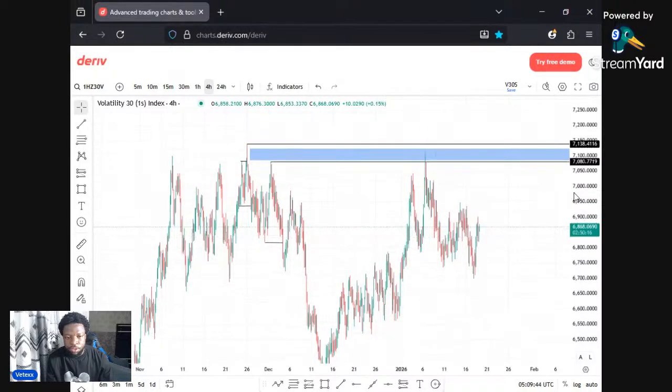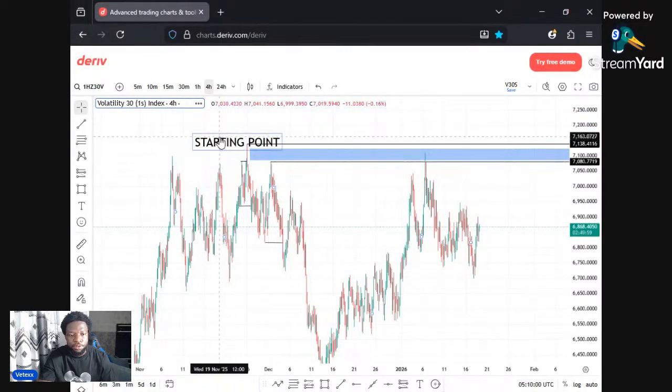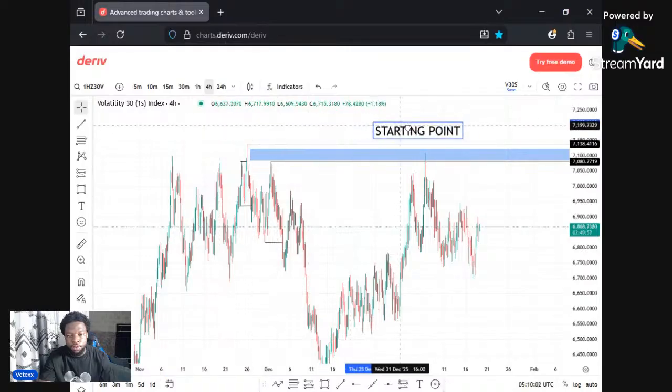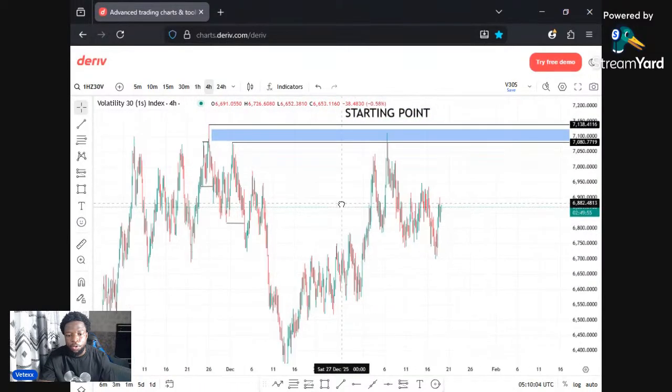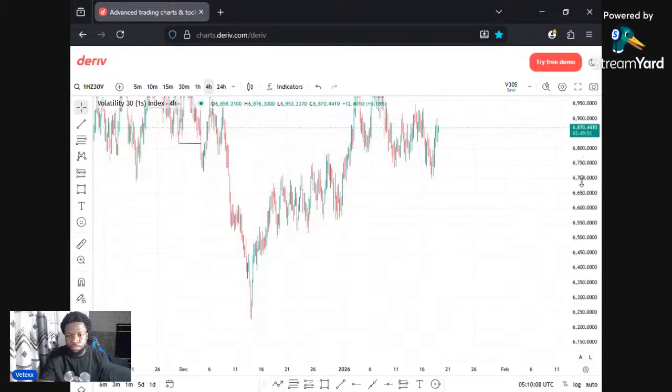Now this is the starting point. This right here is the starting point, and then we have the finish point, which is down below here.